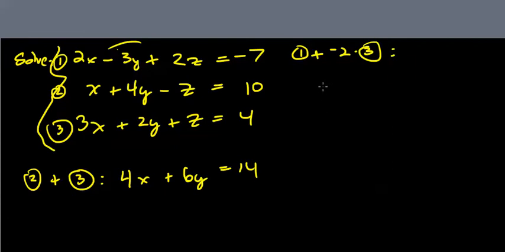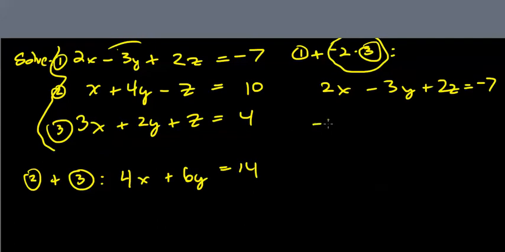well, equation 1 is 2x minus 3y plus 2z equals minus 7. Minus 2 times equation 3 gives me minus 6x minus 4y and minus 2z equals minus 2 times 4.